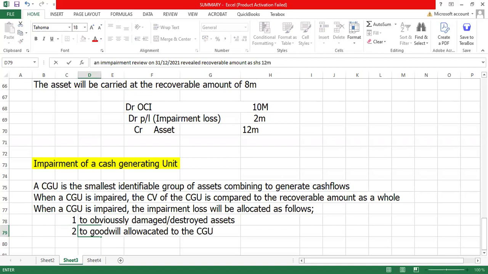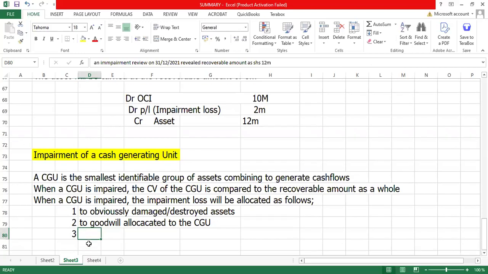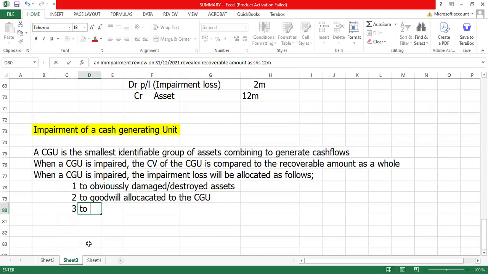Then number three, the balance you allocate to the other assets on a pro rata basis.